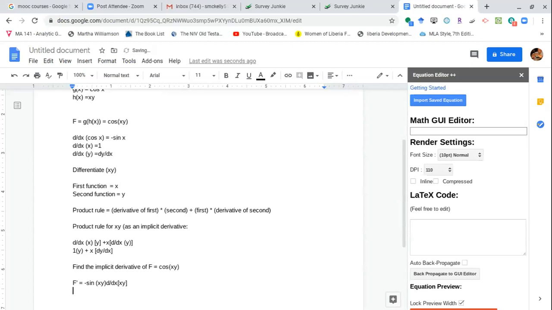So f prime is equal to negative sine of xy times this derivative that we just did: y plus x dy/dx. Now this isn't part of the argument of the sine.